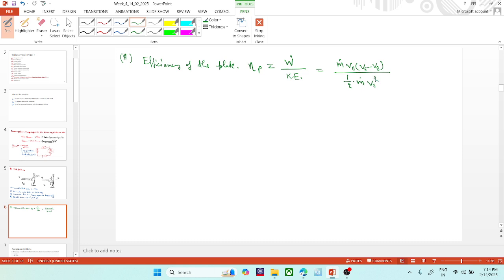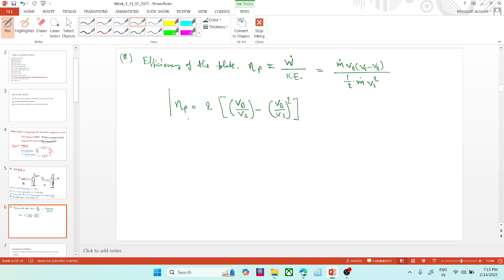So when we simplify this, eta P is equal to twice of Vb by Vs minus Vb by Vs whole square.